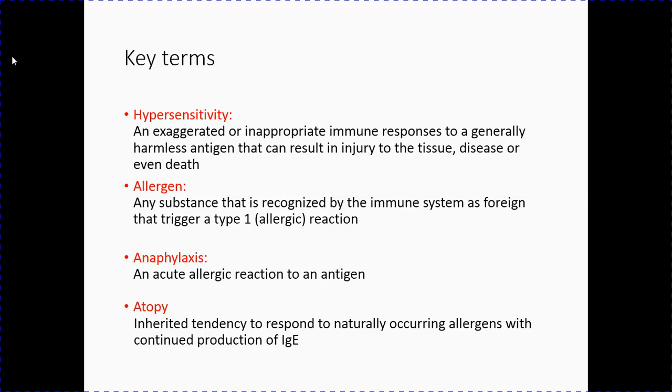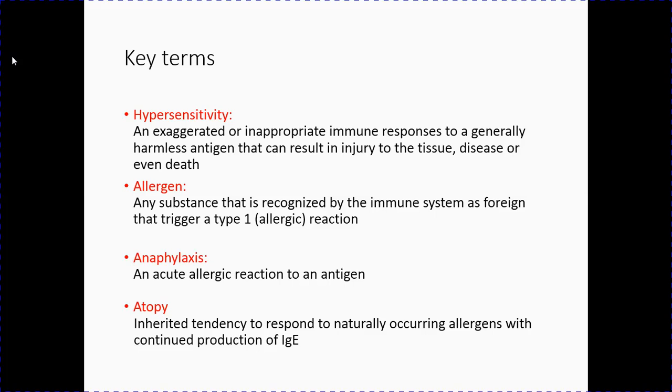An allergen is any substance that's antigenic that gets recognized by the immune system as foreign. It's most often eaten or inhaled, and it ends up triggering what we call a type 1 or allergic reaction. Anaphylaxis is an acute allergic reaction to an antigen.